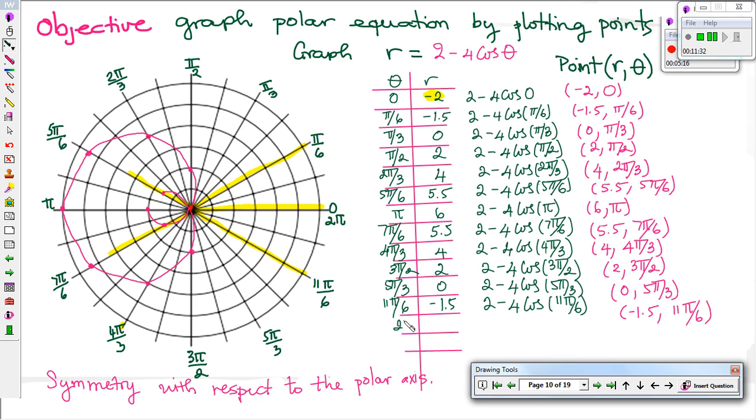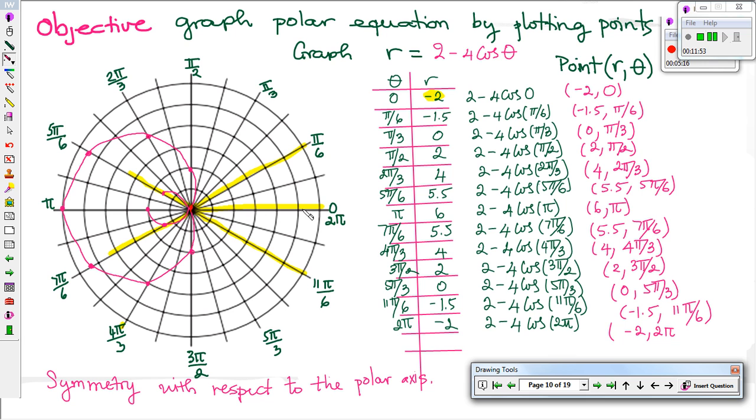And the last point will be 2 pi. So we do 2 minus 4 times cosine of 2 pi. So that will give us negative 2. So we plot the point negative 2 comma 2 pi.